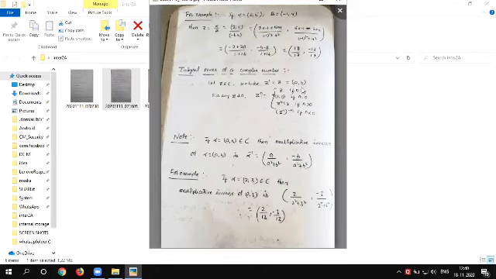If n value is 1, what do we get? Z power 1 is z. If n value is 0, z power 0 is the number 1 comma 0. Okay, that is not a complex number, that is a real number.